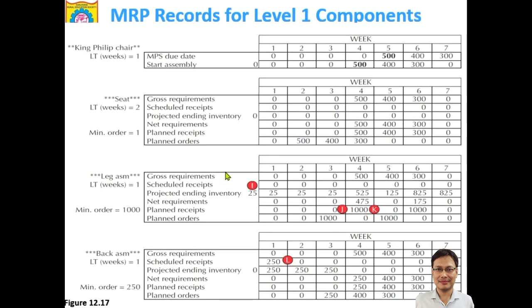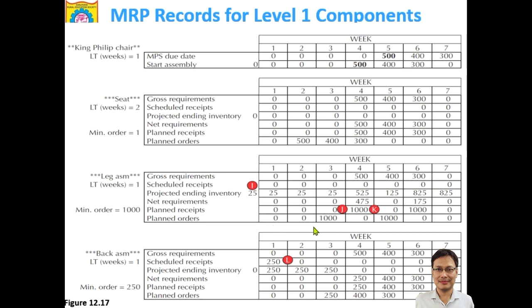Now, coming to this slide, we will try to understand the second assembly, that is the leg assembly, and the third sub-assembly, that is the back assembly, for planning the material requirement.